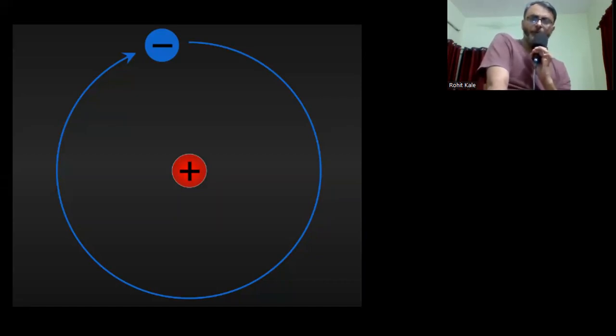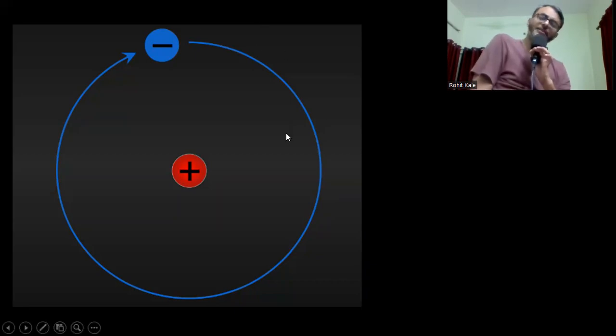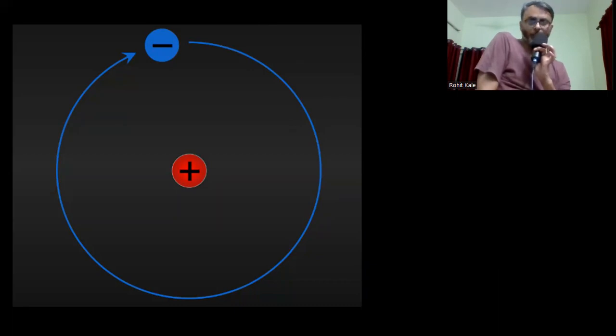So anyhow, quantum mechanics suggests that, but what exactly is this electron wave? How does it go around? Why doesn't it go straight like that? These are all questions which an inquiring mind, a logical mind, will keep asking, and there's no answer to it.